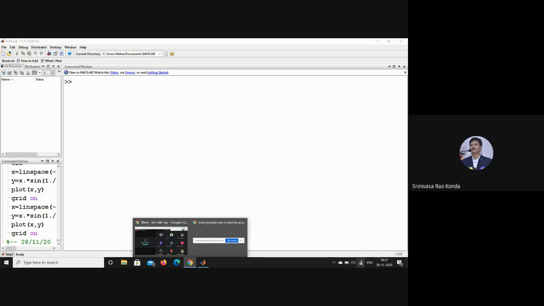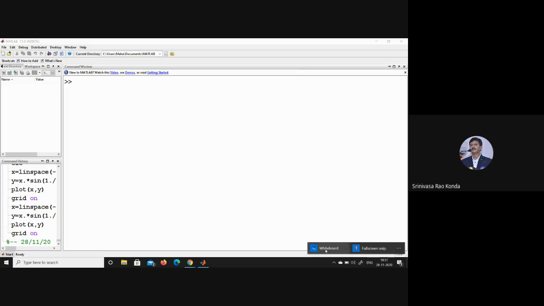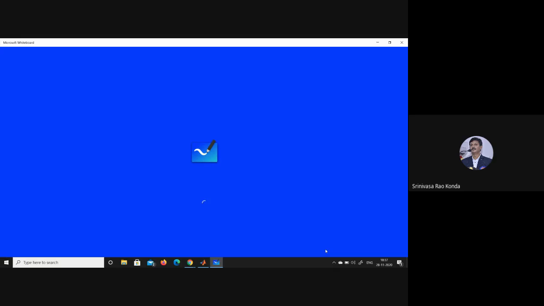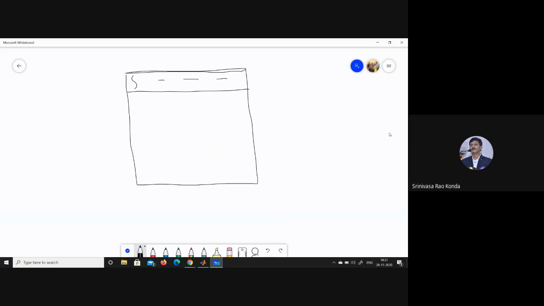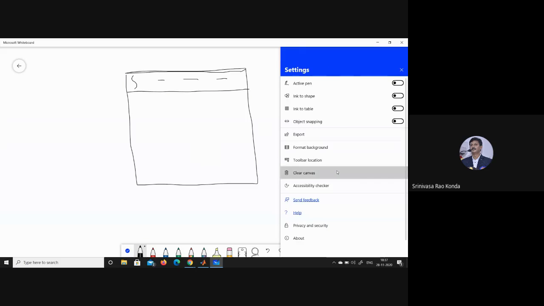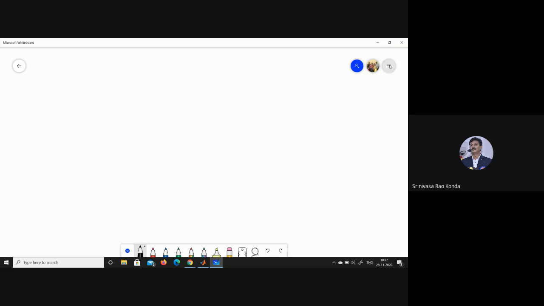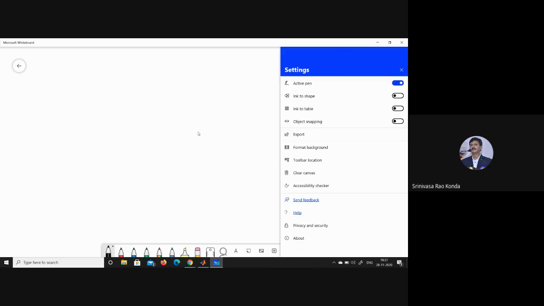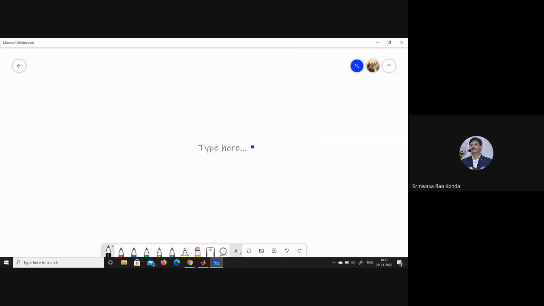For example, I want to plot y is equal to sin x, y is equal to 2 sin x, y is equal to 3 sin x in the closed interval of 0 to 2 pi.